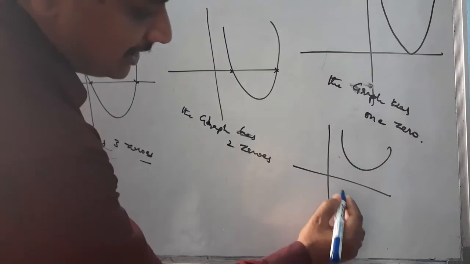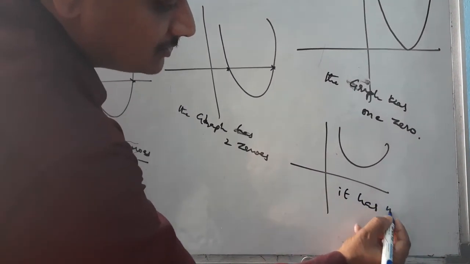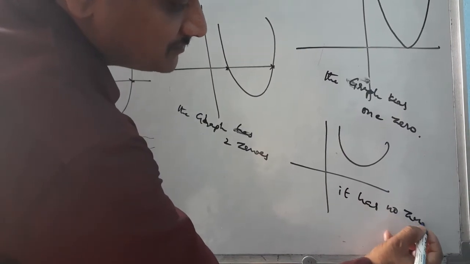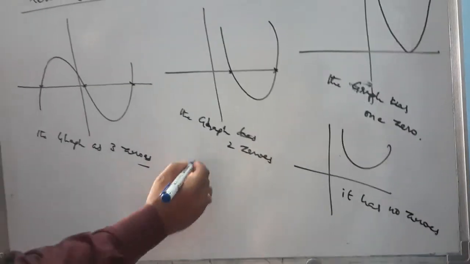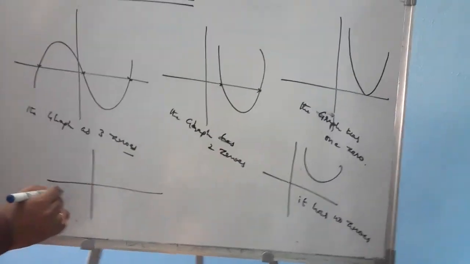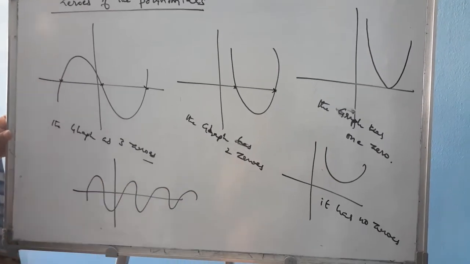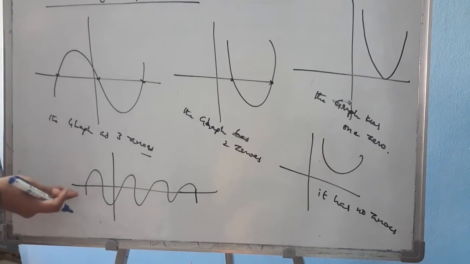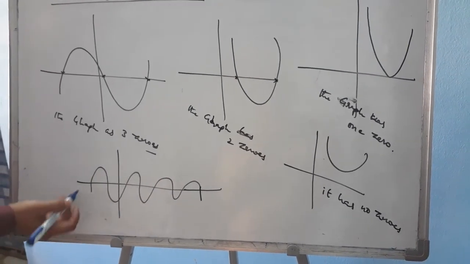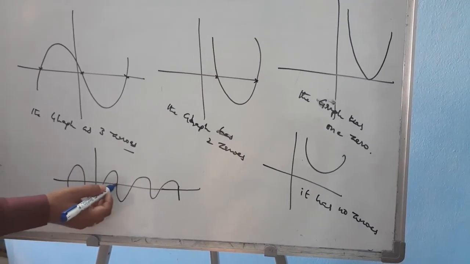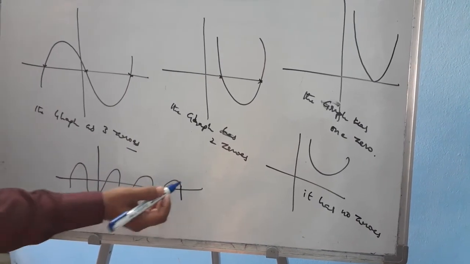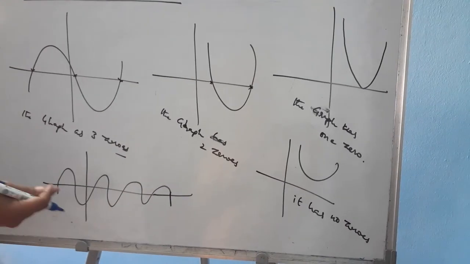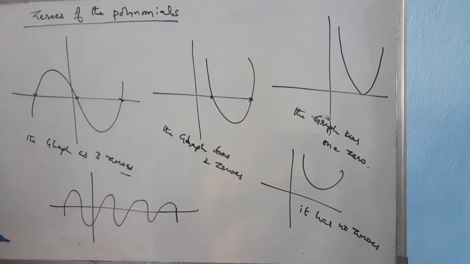If you take any graph like this, the curve cuts the x-axis at 8 distinct points, so this graph has 8 zeros.